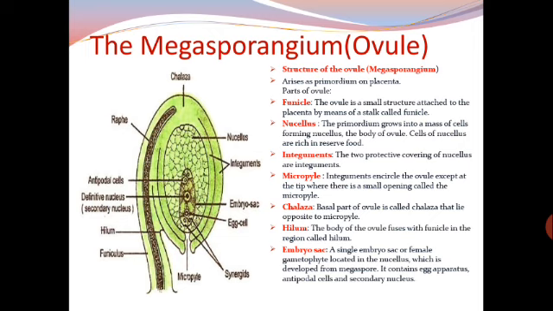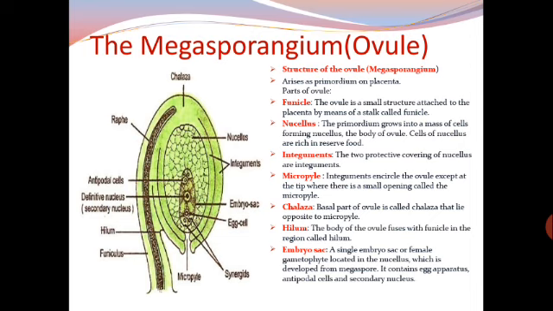Funicle. The ovule is a small structure attached to the placenta by means of a stalk called funicle. So funicle is the stalk by means of which the ovule is attached to the placenta.